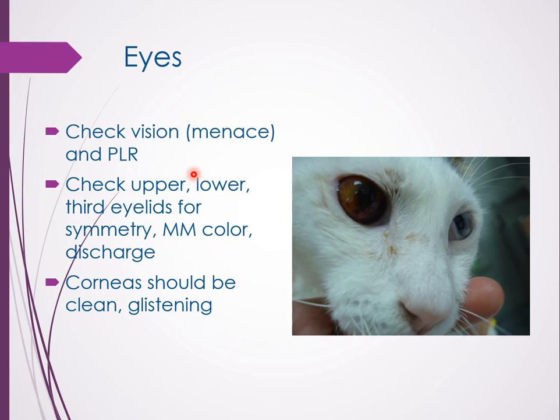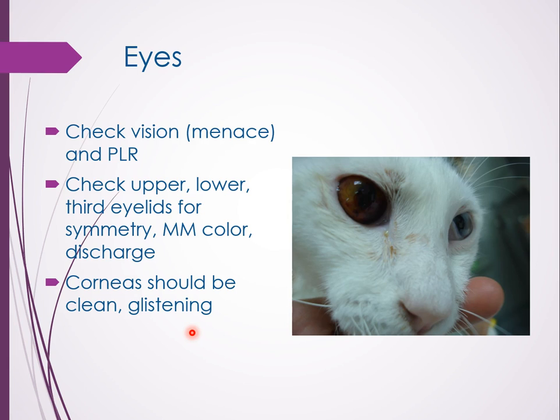And the menace reflex, to see whether your patient can see what's going on, or is having an issue in that department. So you have to check the upper eyelid, lower eyelid, and of course the third eyelid as well. Look at the symmetry of both eyes, the color, and if there's any discharge, okay.